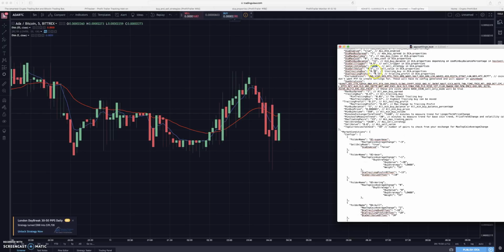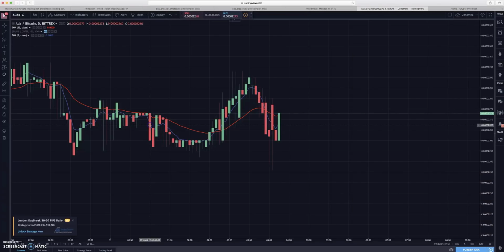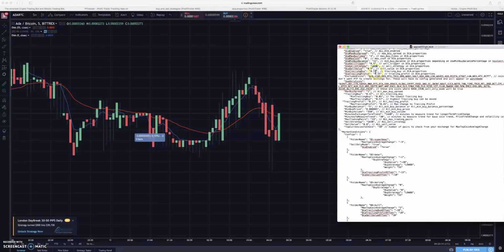DCA trailing buy, this is when you're DCAing, it's going to trail on the way down. So that way you are buying at the complete bottom. So it'll trail down 0.15% and it's going to wait for the DCA trailing profit of 0.15. Those are the same ideas, but in reverse.